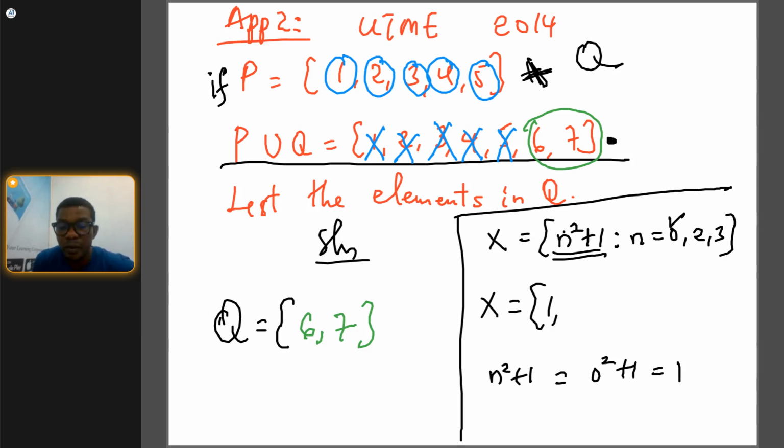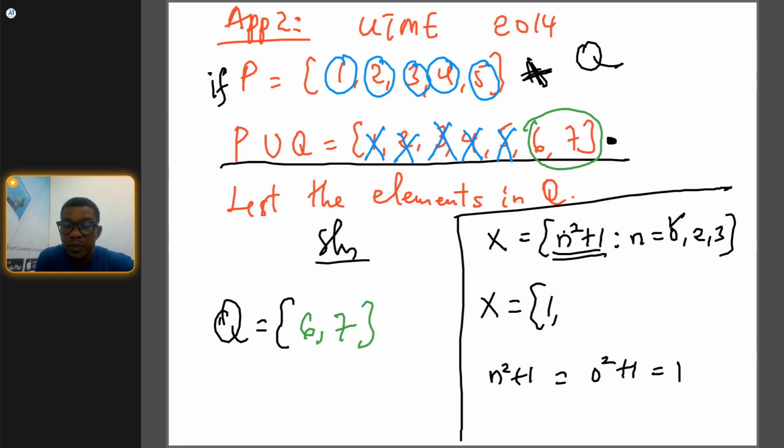So what will be the second element? I'm waiting for your response in the chat box. What will be the second element in X?